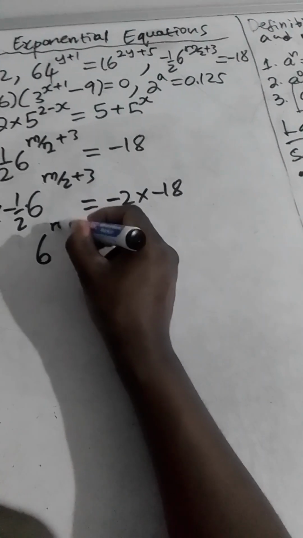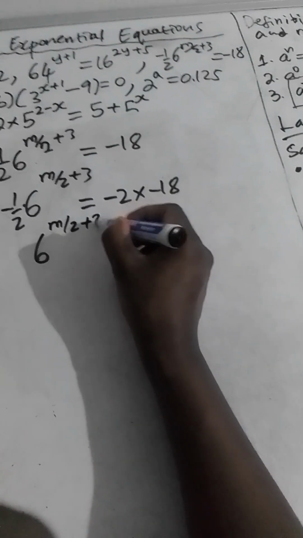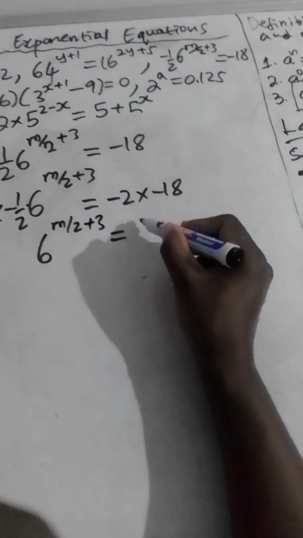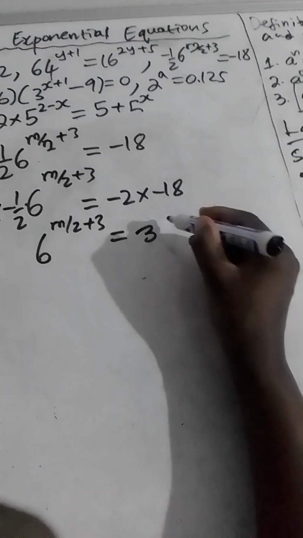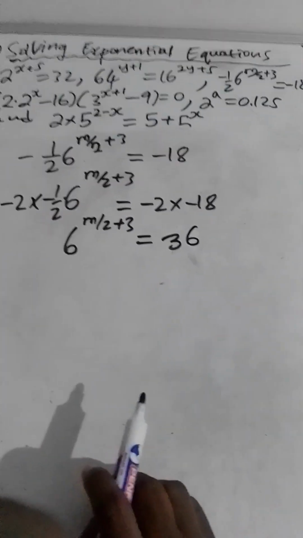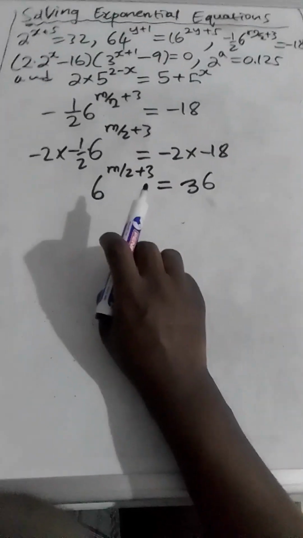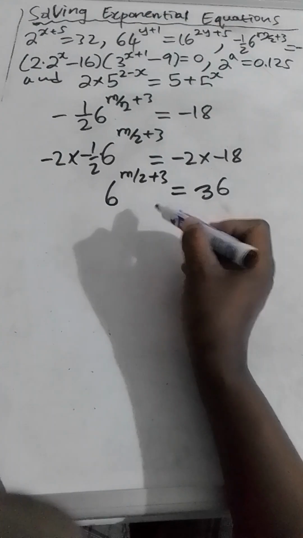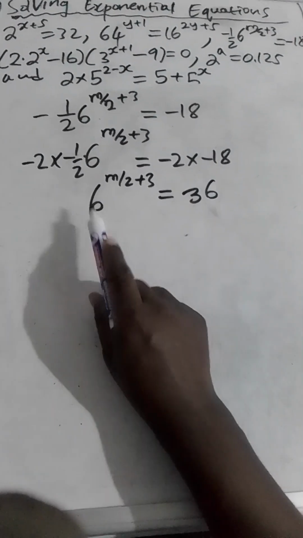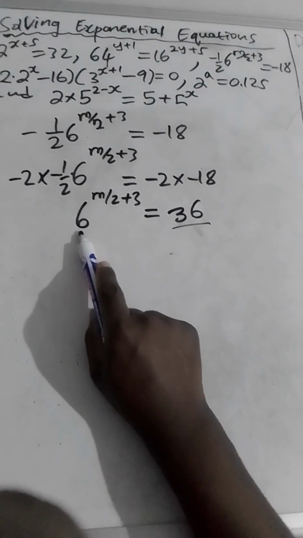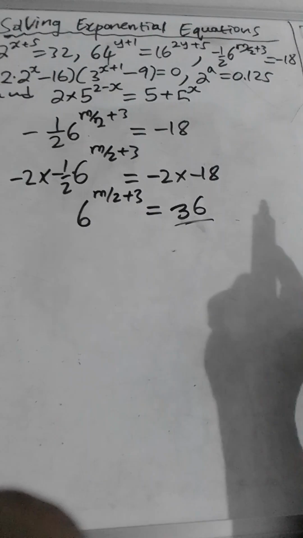So we're left with 6 to the power m over 2 plus 3 equals 36. Now, in this case, you can prime factorize. But if you can express the number on the other side in terms of 6 as well, you might as well do that.